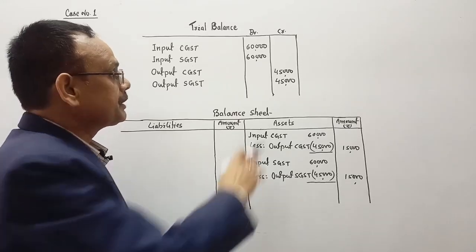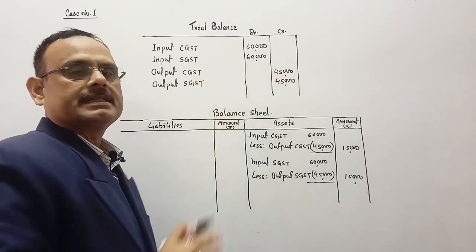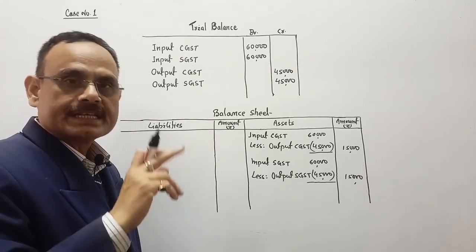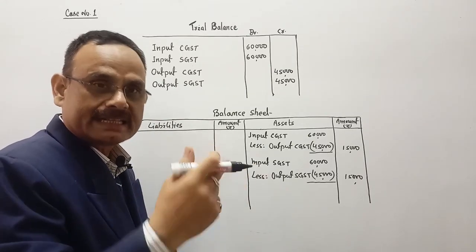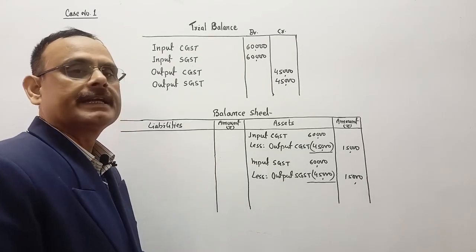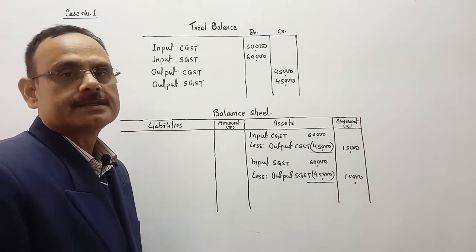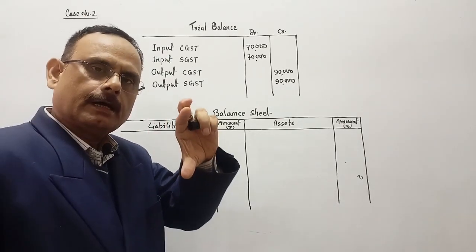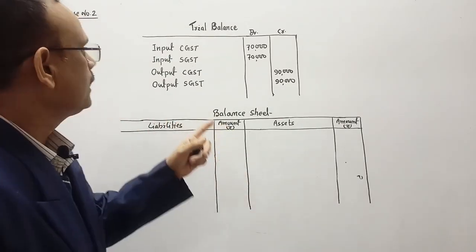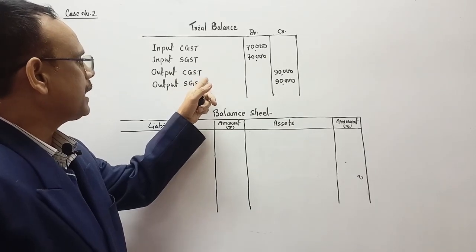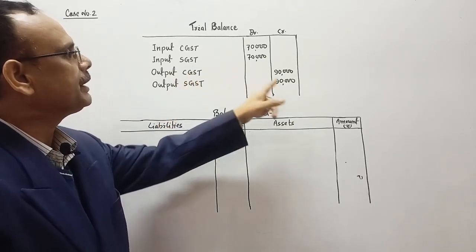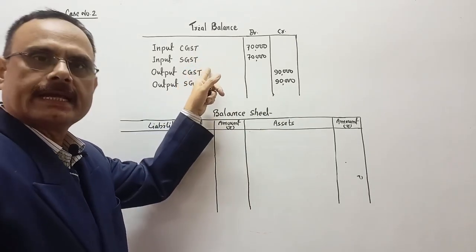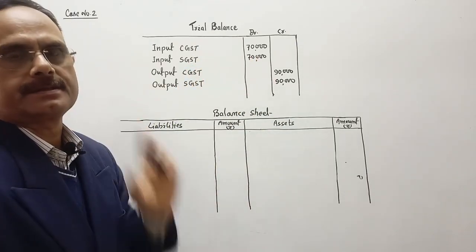Vice versa, if this will be more and this will be less, means CGST collection will be more and CGST paid is less, then that will be reflected in the liability side. Is it clear? Now see another case where output CGST and output SGST is more and input CGST and input SGST is less.